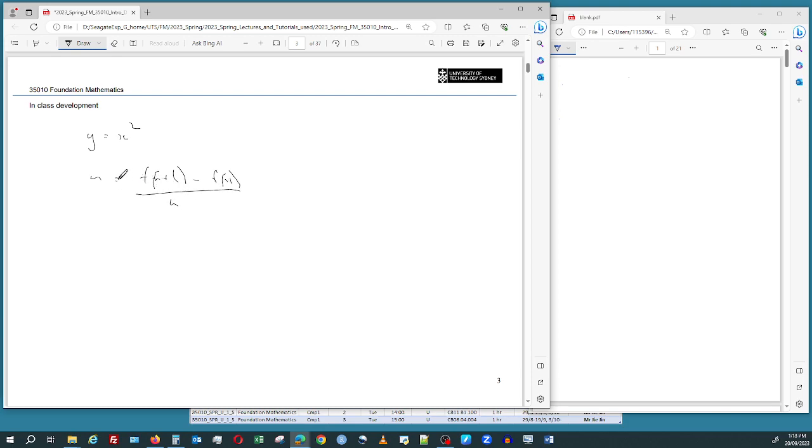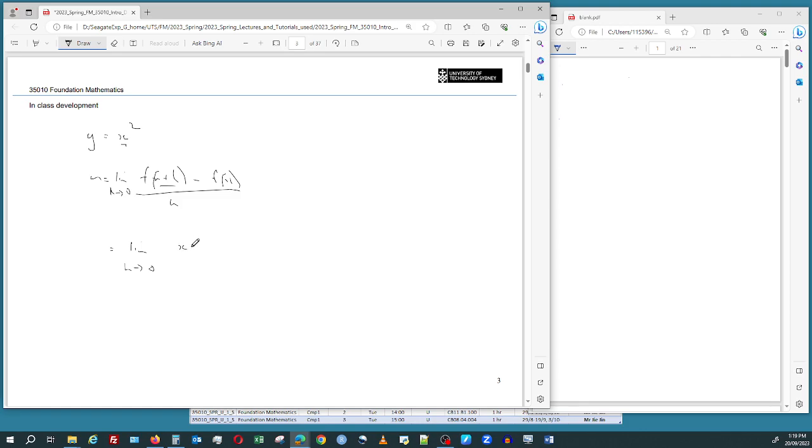Well, we're going to put the insurance policy in. The important insurance policy says h gets very close to 0, but never actually becomes 0. So everywhere there's an x, we'll put an x plus h in. So we get the limit. So you always have to write your insurance policy because it tells you what won't happen.